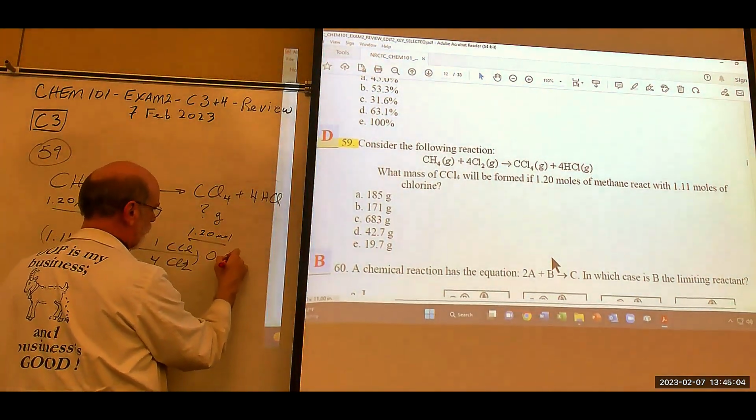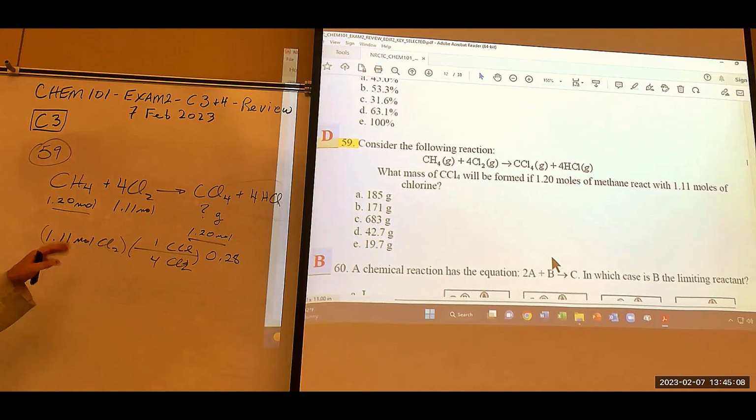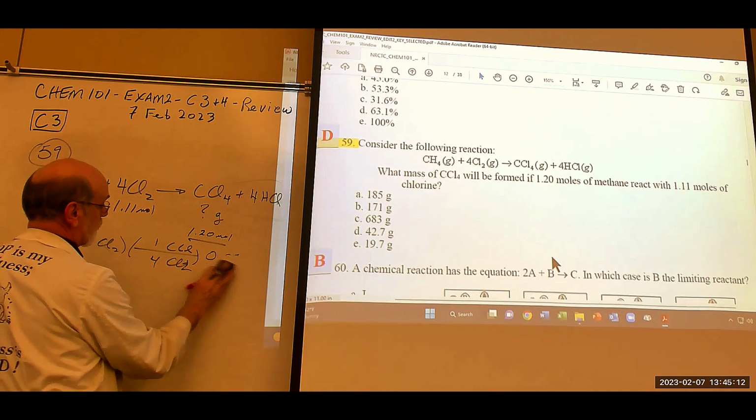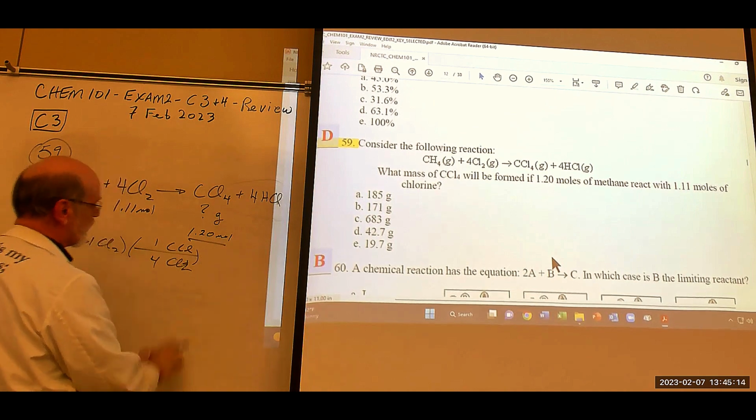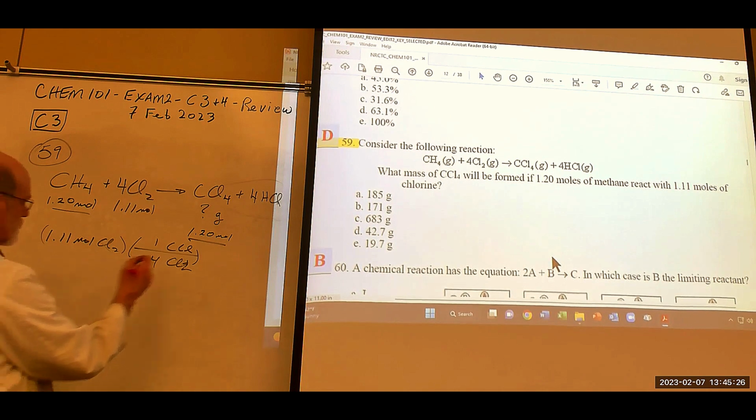It's like about 0.28 or 29. So we can tell from that without having actually, well, actually we would have to do it. I'm sorry. We would have to do that because we got to convert it into that. So 4 into 1.11 is 0.2775.